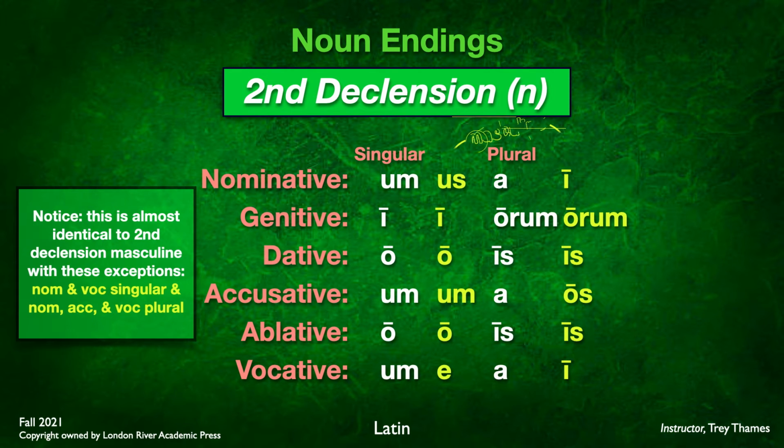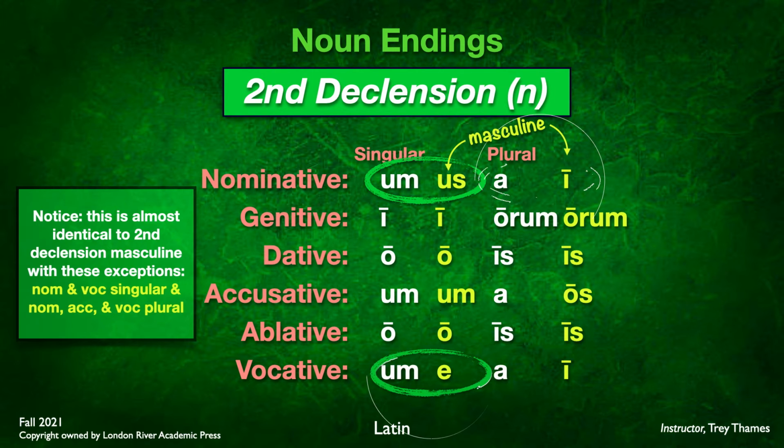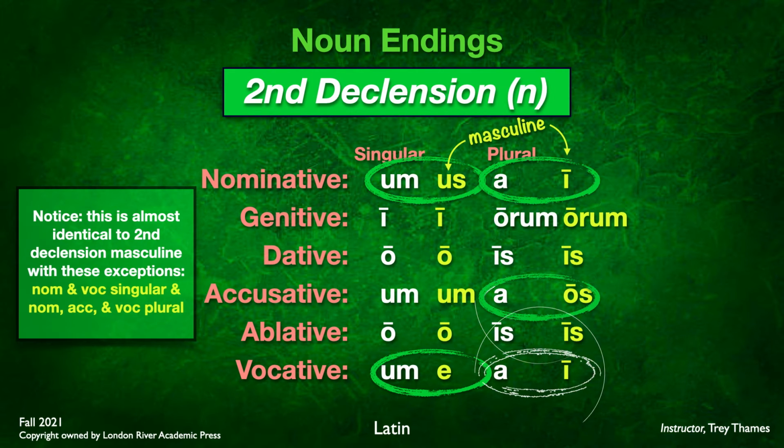Now we're going to compare second declension masculine to the second declension neuter. What I want you to see is that they're almost identical. Here's where the differences are. In the nominative singular, instead of us, which is what we had for second masculine, we have a switch there. And of course, we had our vocative rule that we've talked about, that whatever is in the nominative, the vocative will match.